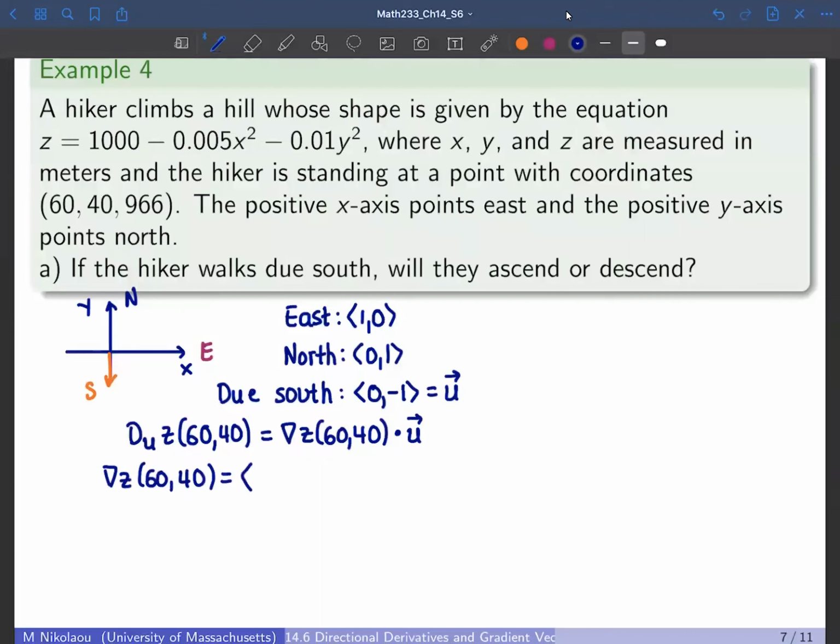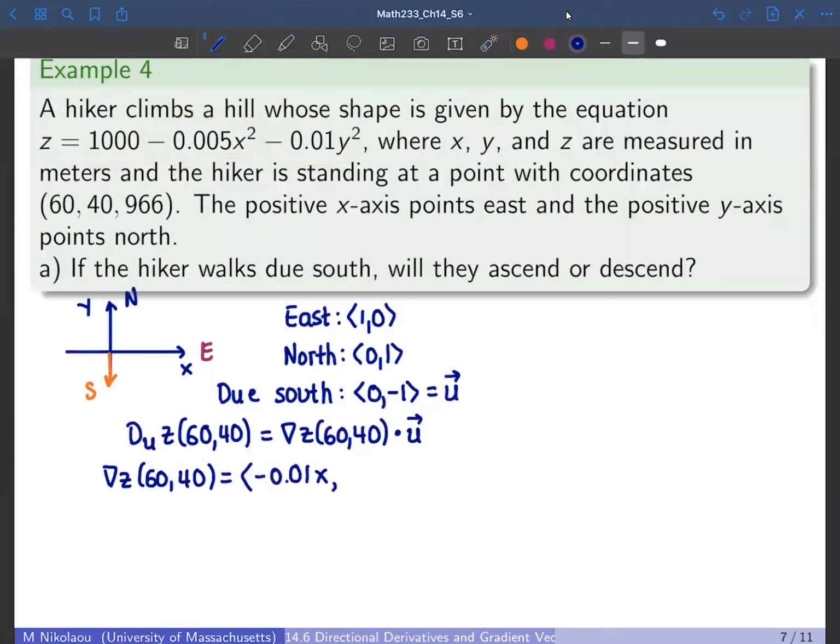The partial derivative of z with respect to x: since the other two terms are constants with respect to x, we only need the partial derivative of -0.005 x squared with respect to x, which gives us -0.01 x. And then we have the partial derivative of z with respect to y.